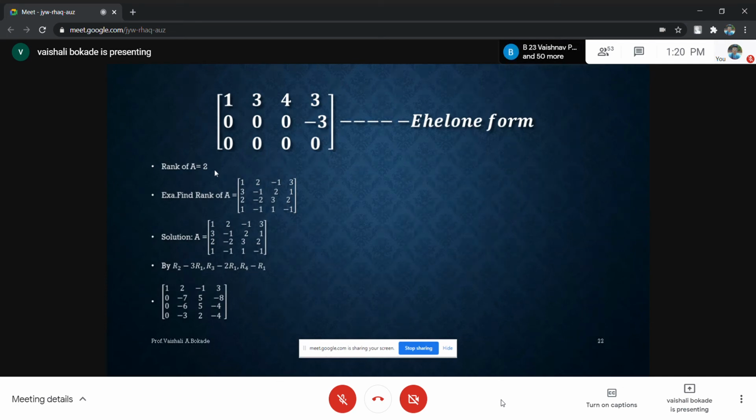Which row transformation will you use? Tell me. Yes, for this example it is not possible, but for other sums, those are possible.